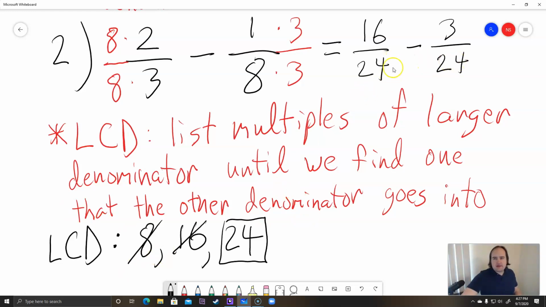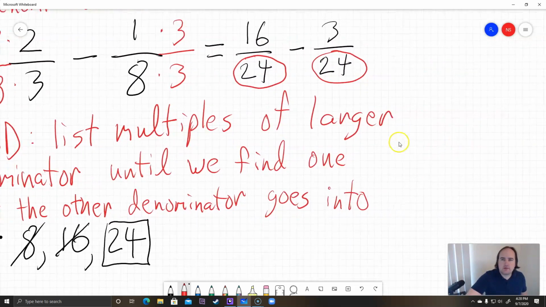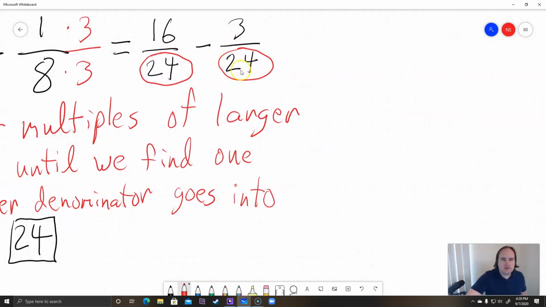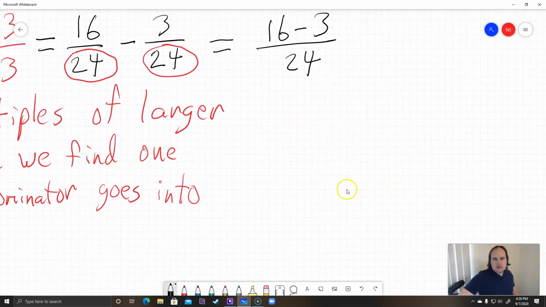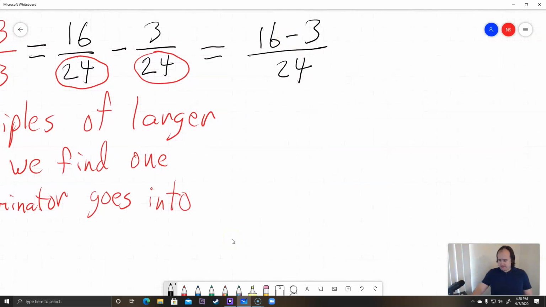And then now these are like fractions, so they have exactly the same denominator. So we keep the denominator and subtract. Okay, so here, we're going to be subtracting, and that's going to give us 16 minus 3 all over 24. Okay? And 16 minus 3 is actually 13. So we get 13 over 24.